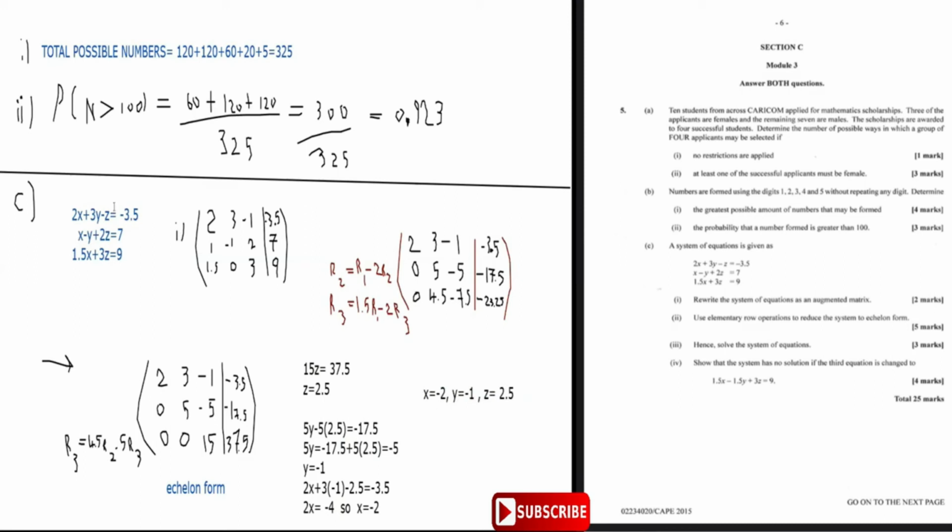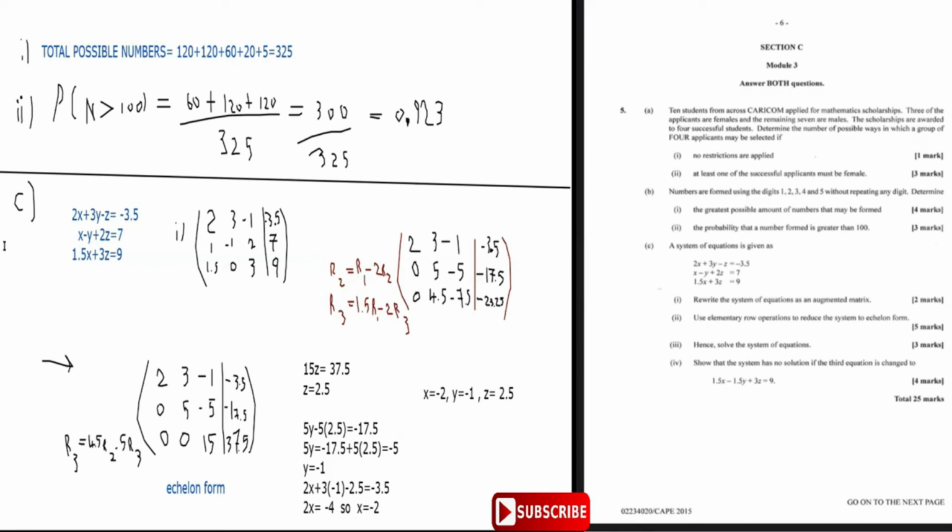Minus 2 plus 1 plus 2 times 2.5, it should work out. Let me check it in this one. Did I do that right for x? Let me see, minus 3 minus 2.5, then minus 3.5, the answer is 2.